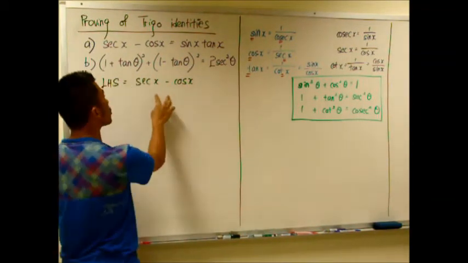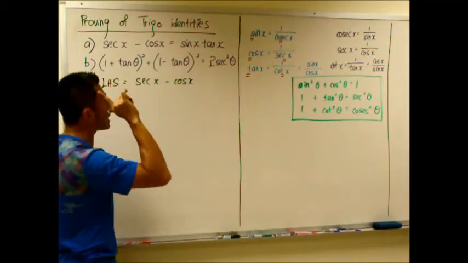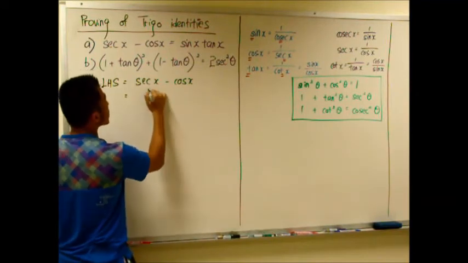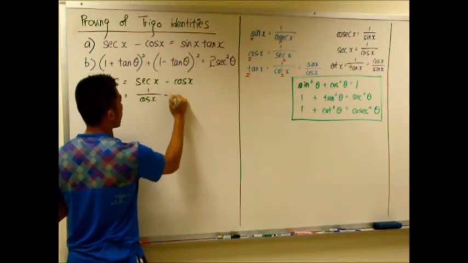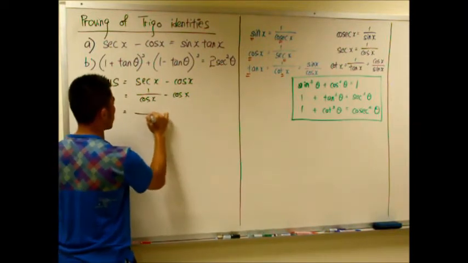Okay, let's see how we can change to common denominator. Simple reference or simple remembrance. This is 1 over cosine x. Let's change to common denominator.